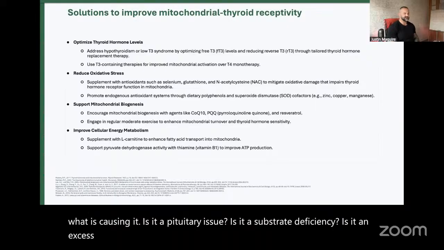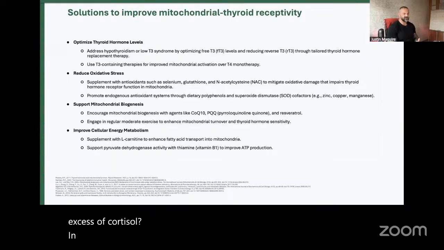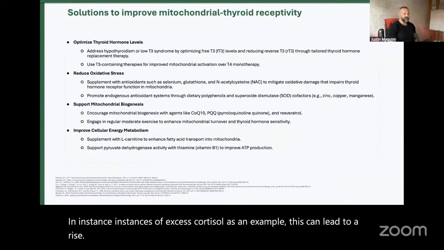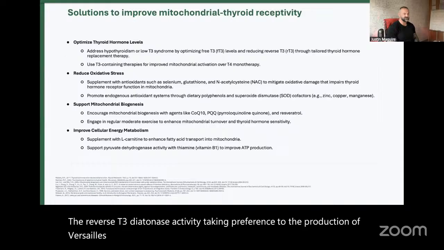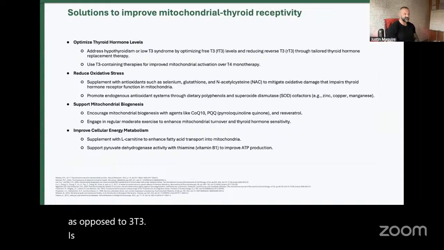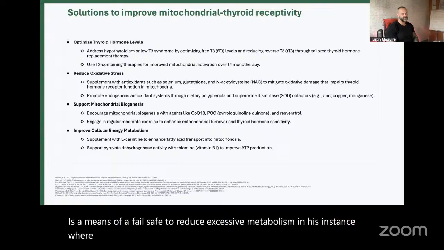In instances of excess cortisol, as an example, this can lead to a rise in reverse T3 deiodinase activity, taking preference to the production of reverse T3 as opposed to free T3, as a failsafe to reduce excessive metabolism where there is hypercortisol release occurring.